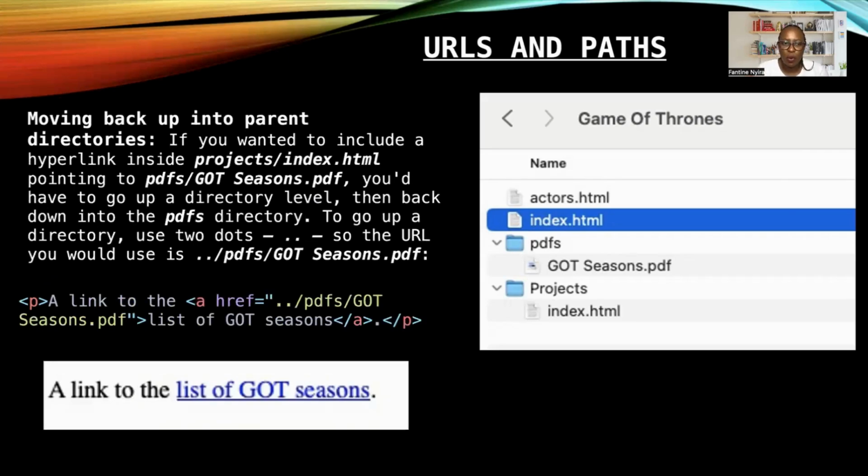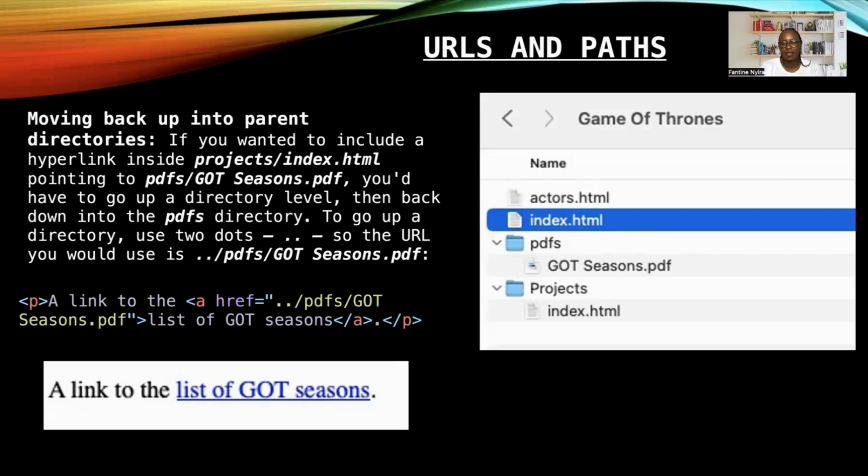If you want to move back into the parent directories, let's say you are inside project index.html and you want to go to the Game of Thrones seasons PDF, you have to go up a directory level, then back down into the PDF directory. Because you are inside the project, not at the root level, you have to go up.